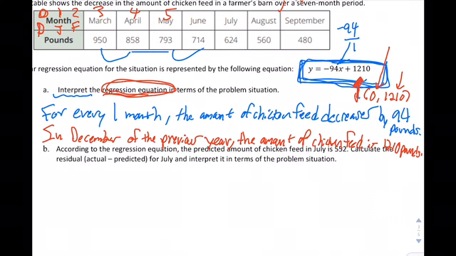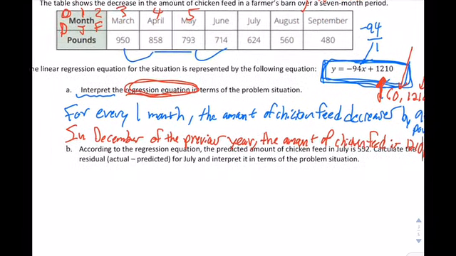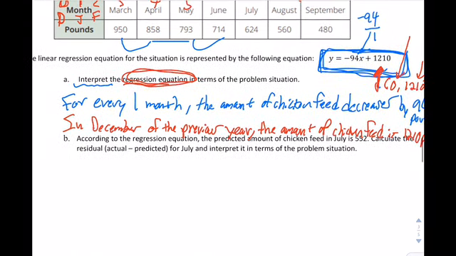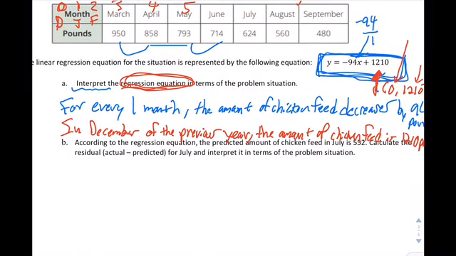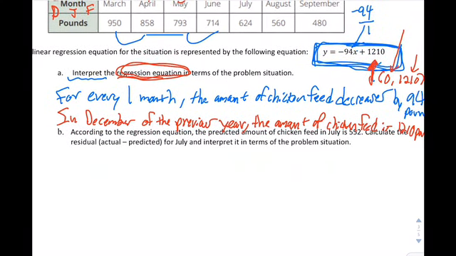And the same thing in December of the previous year, when it says that it was 1,210 pounds, that is a prediction. Just understand that these are not actual values. The only actual values that we have in this problem are what's given to you in the table. It's important to understand the difference between actual values and predicted values, because letter B deals with both.